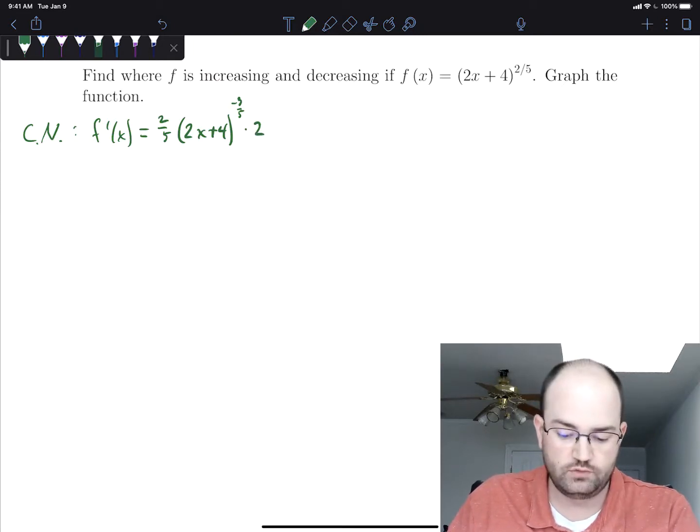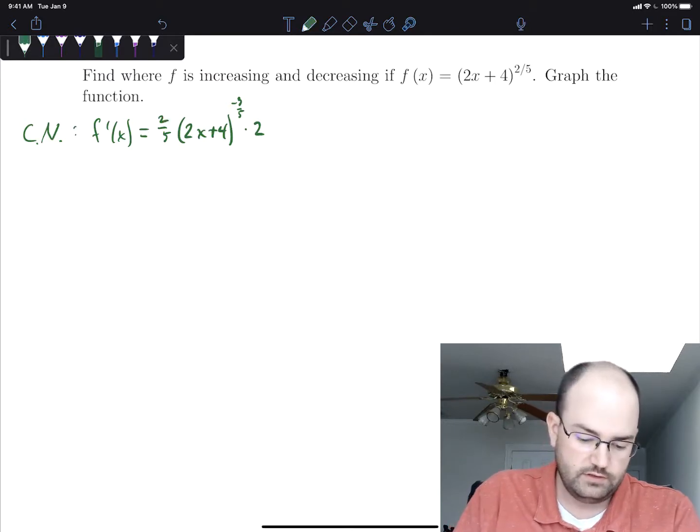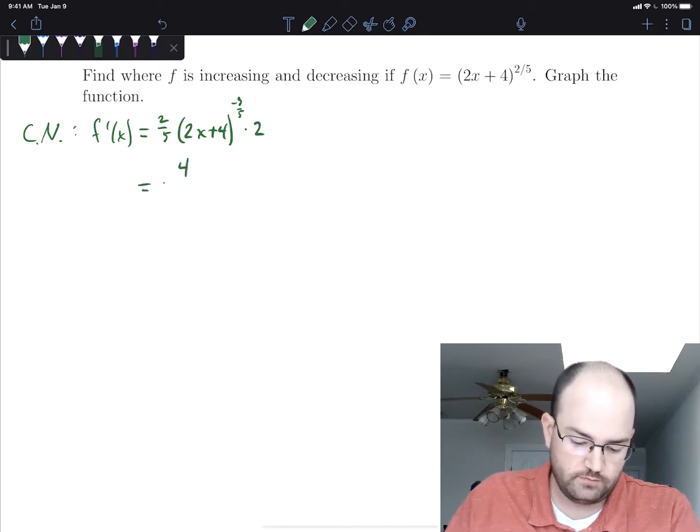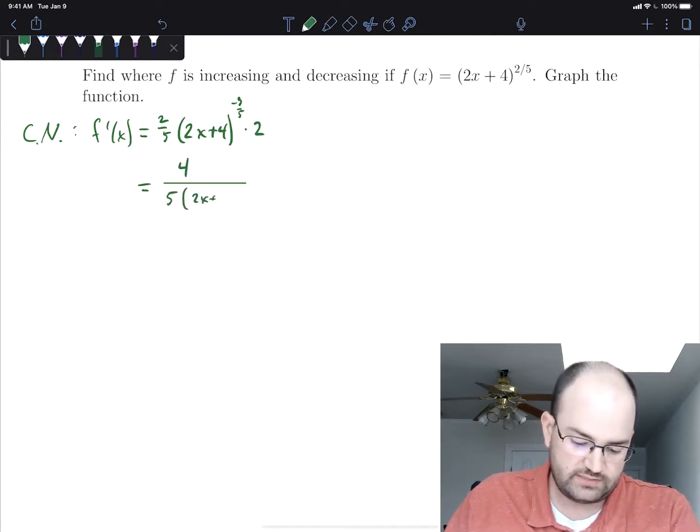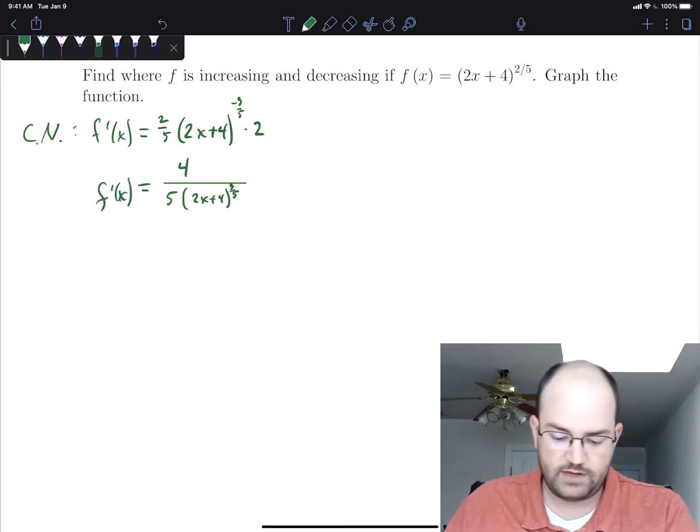So we just have 2. 2 times 2, that's in the numerator, and that's going to give us 4. But notice that the exponent is negative, so that makes a 5 times (2x plus 4) to the positive 3/5 power in the denominator. So f prime of x is 4 over 5 times (2x plus 4) to the 3/5 power.